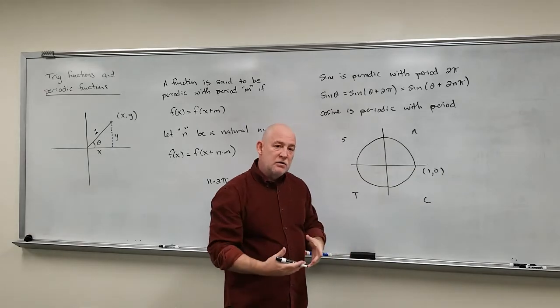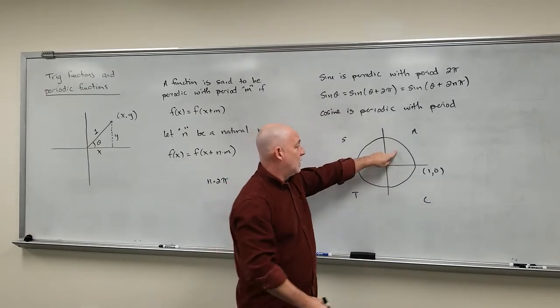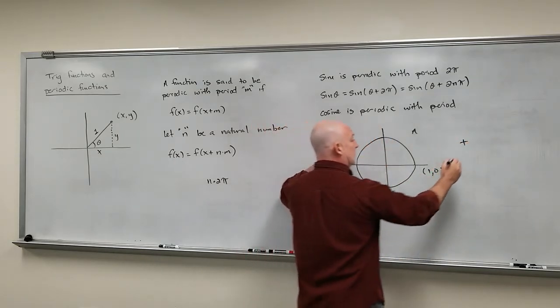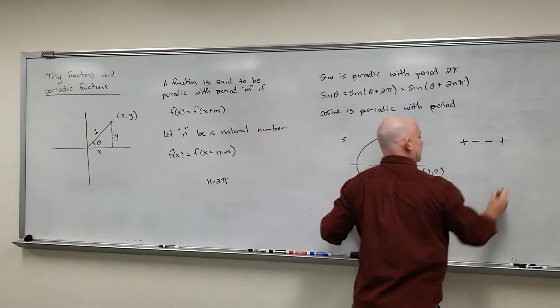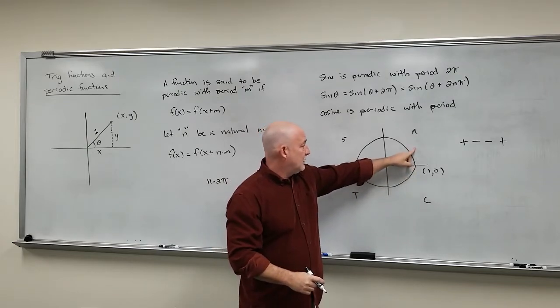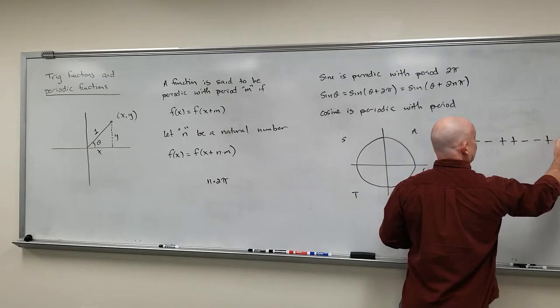It's easier to see if we take a look at the sign of the cosine in each quadrant. Everything's positive here, then it is negative, then cosine's negative again, then it's positive. Notice we really don't have any repeating there, but when we go around again, of course, it's going to go positive, negative, negative, positive, and so on and so forth.